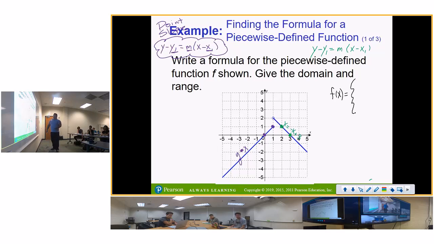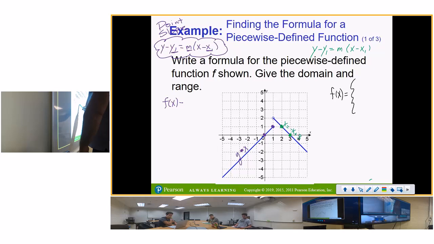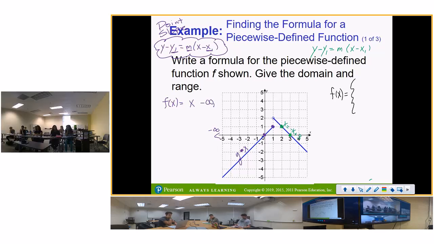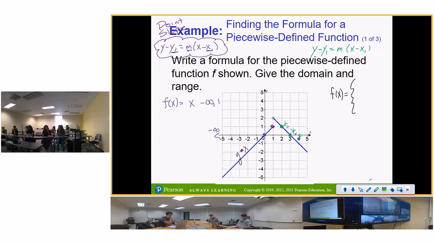Gotcha. Okay, so the first one is the purple line, and we said it's y is equal to x. So f of x is equal to x, and it's going from negative infinity to what? To 1. And it's got a what circle at 1? A closed circle.